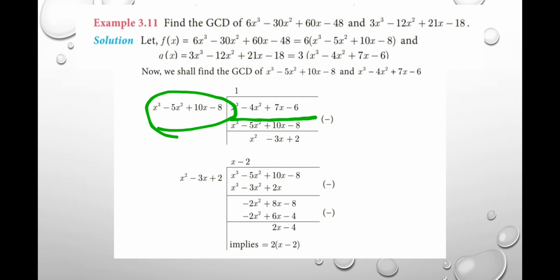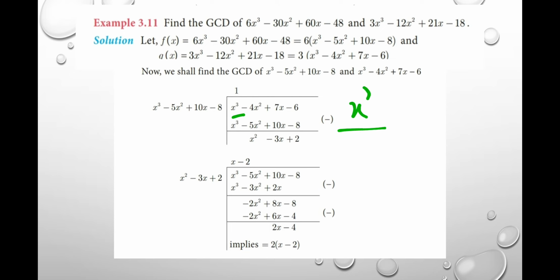This is the dividend. How can we divide this? Already I told you: divide the first term of the dividend, x cube, by the first term of the divisor, x cube. What do you get? x cube gets cancelled, so 1. Put 1 as it is, then multiply each and every term by 1.